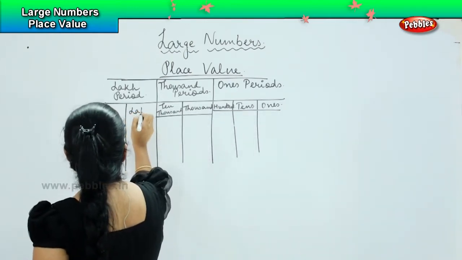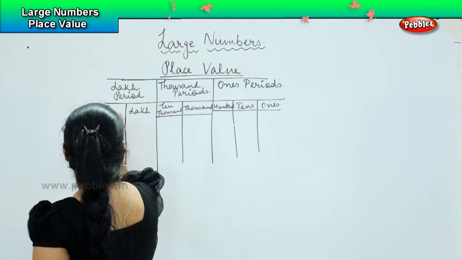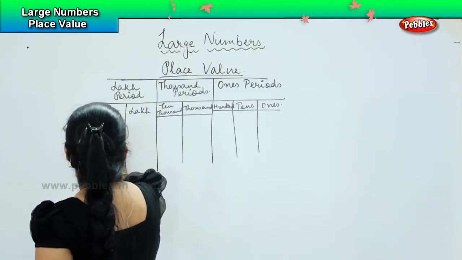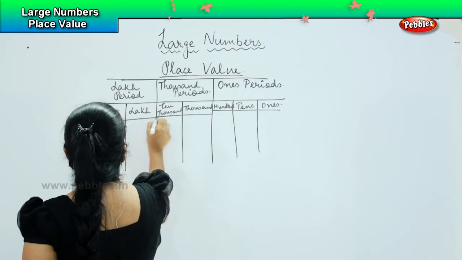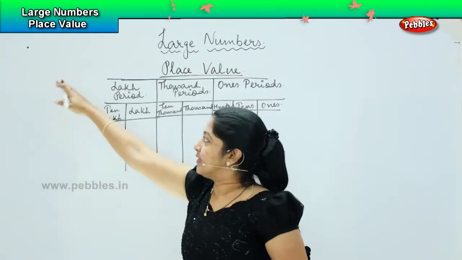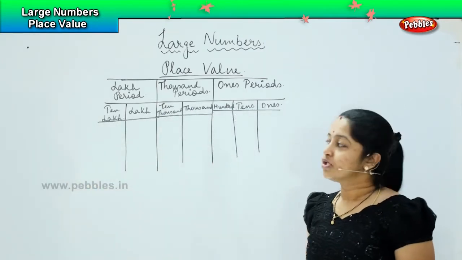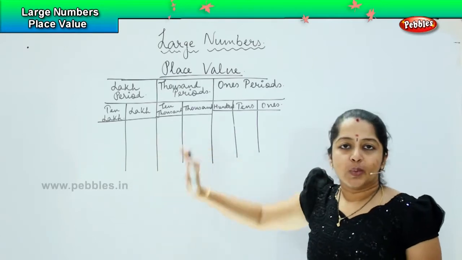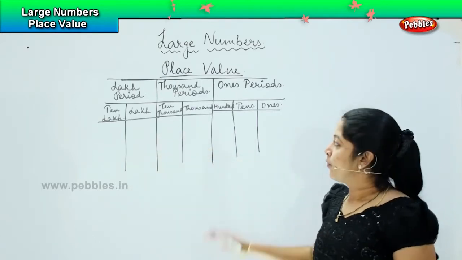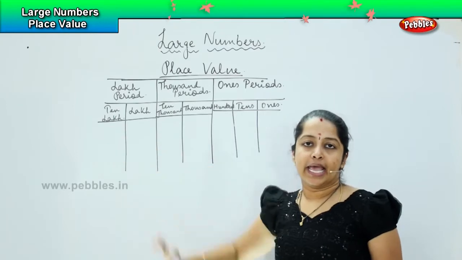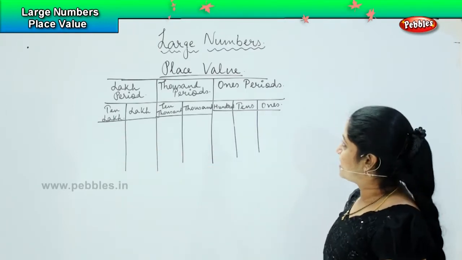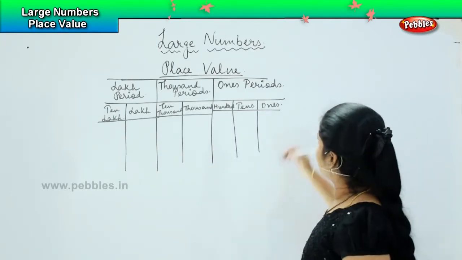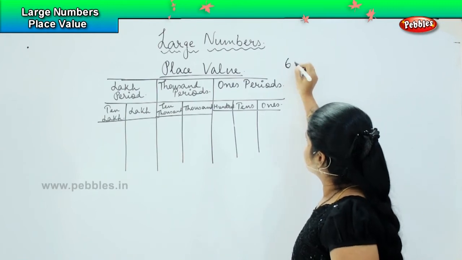So this is again divided as lakh and 10 lakh. Okay. So similarly, after this, it will go to crores. Since we are dealing only with lakh in this unit, we will be only learning till lakh period.